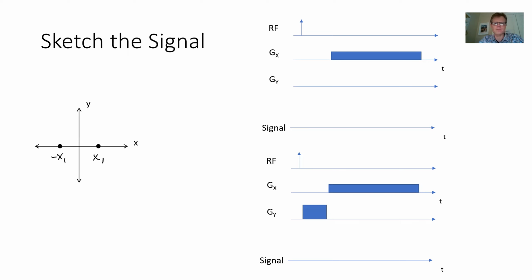Everyone, as promised, thanks for your patience, and I wanted to go over these examples that we started to go over in class before getting a little bit interrupted. So here we want to consider this object consisting of these two locations in X, and figure out what the received signal is going to be from these two objects.